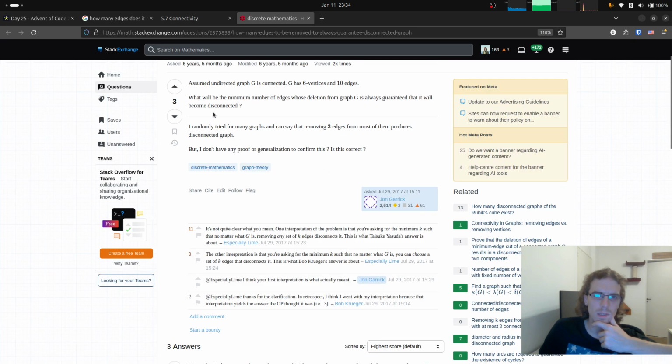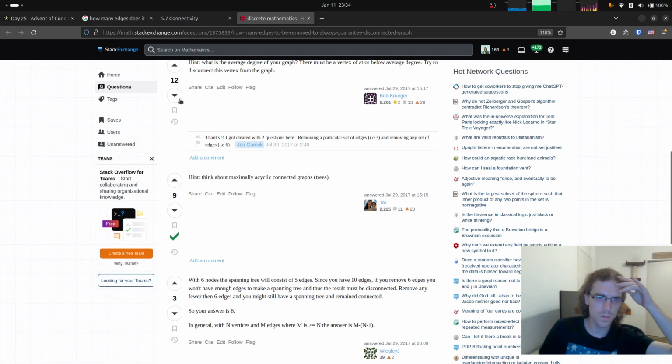What was it asking? What will be the minimum number of edges whose deletion from graph G is always guaranteed to make it disconnected? Okay, I think this is asking kind of the same thing that this problem in Advent of Code is asking, but the answers are not very helpful. Hint: think about maximally acyclic connected graphs, trees.